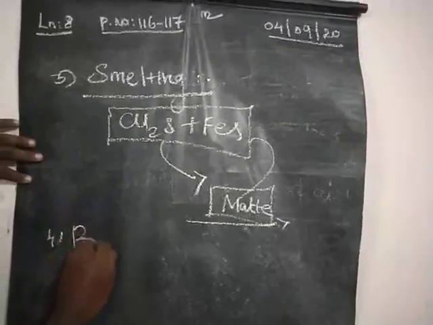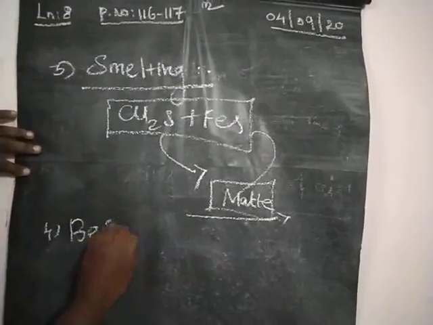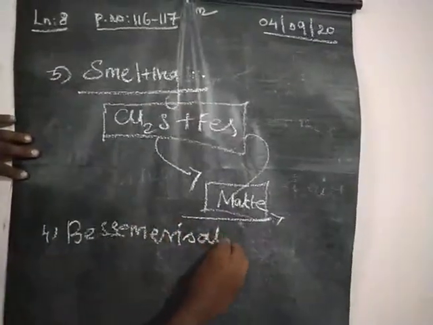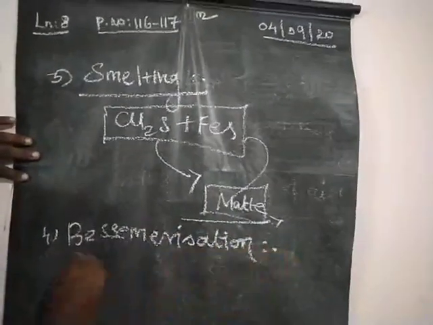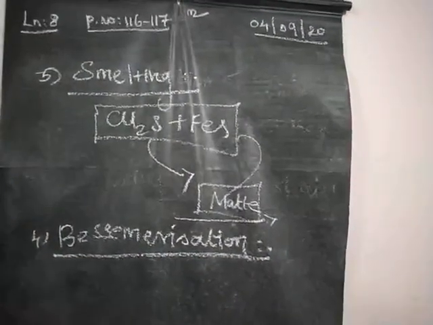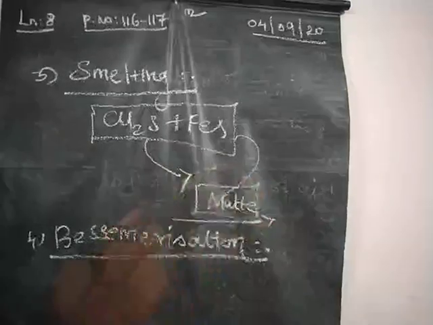Fourth, the bessemerization process. Up to the third stage we got matte.